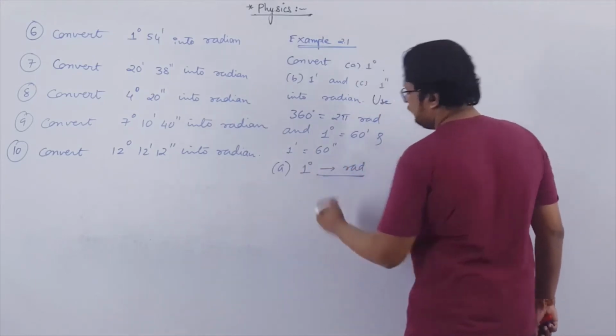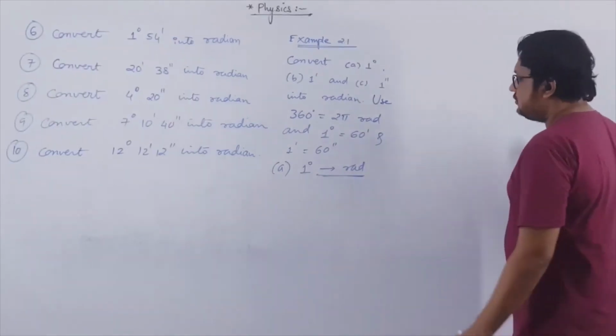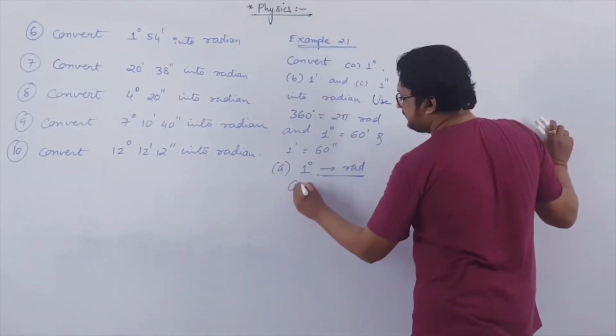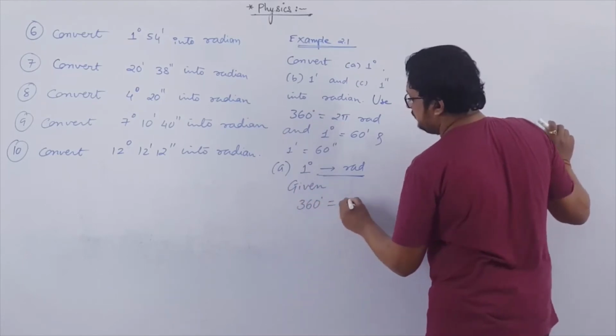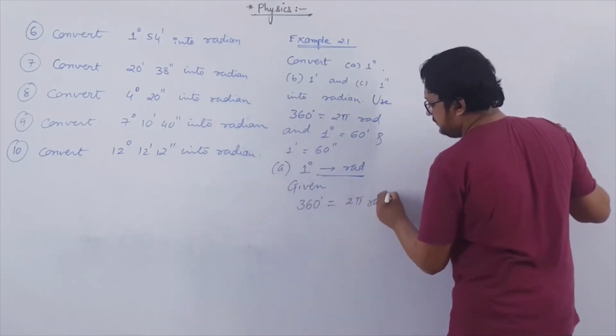We have to convert 1 degree into radian. So we know that 360 degree is equal to 2 pi radian.